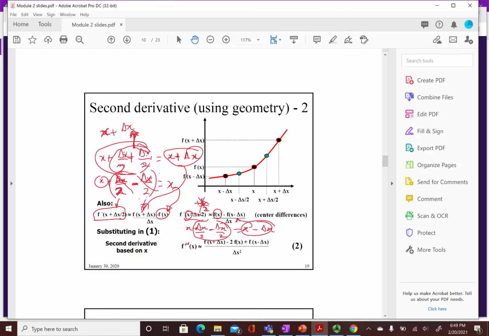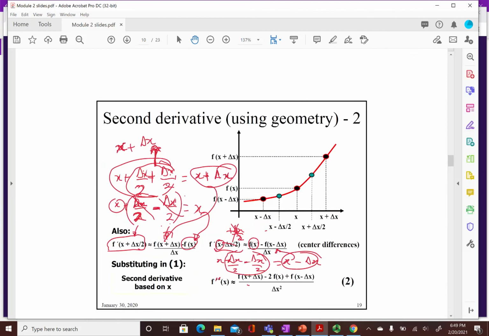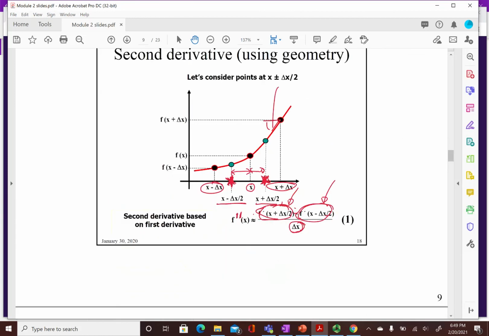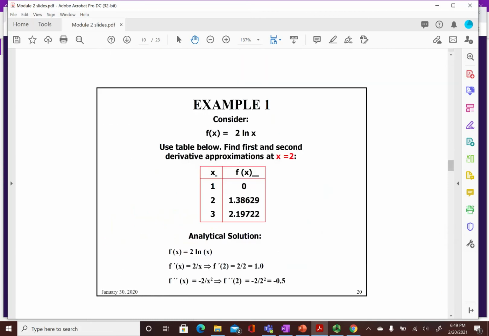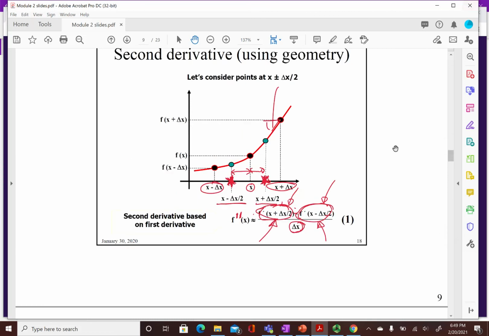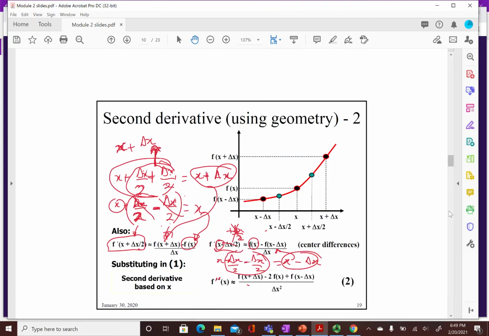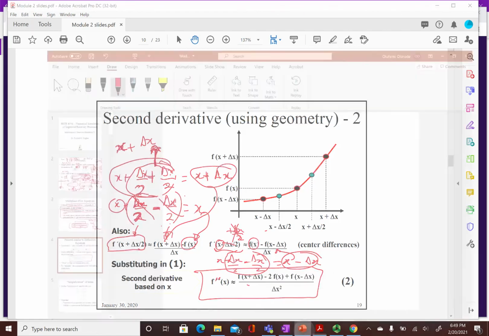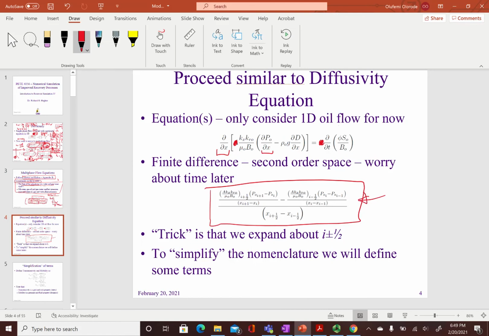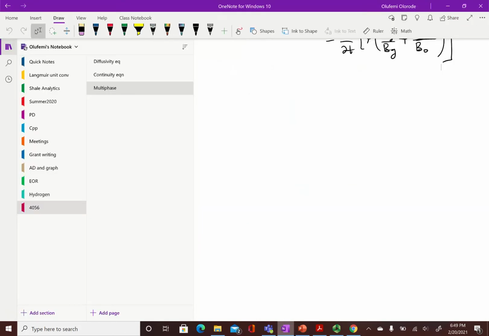Substituting those two into the equation from the previous slide, you get the expression for f prime prime of x. This is the idea we will be using for the discretization. To show it step by step, because the final result is what you see right here, this is how we do it from scratch.